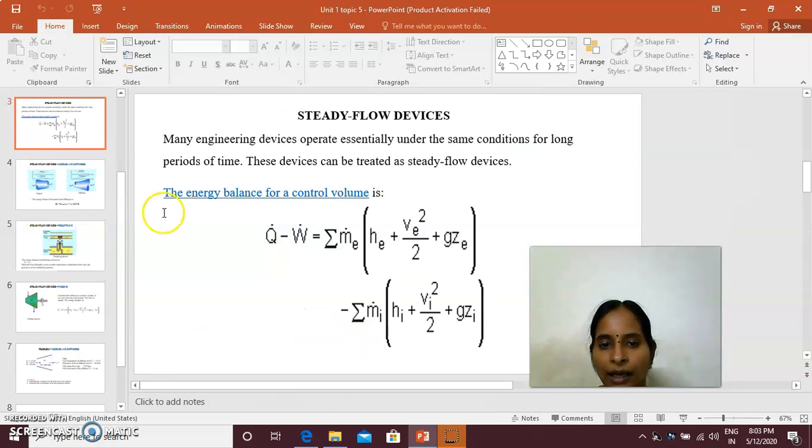I have shown the nozzle, diffuser, turbine, and throttling device, but more applications are there, in which you should know the purpose of the component. If you know the purpose, you can neglect the terms which are not needed and take the terms for which they have given the data.